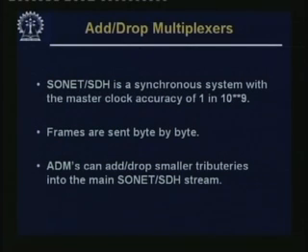Frames are sent byte by byte, and ADMs can add drop smaller tributaries into the main SONET SDH stream. How that is done, I have explained: within that frame you can send a lot of bytes, so you can take out some of the bytes and add in some of the bytes. That is how you take out some of the smaller tributaries and add some of the smaller tributaries.